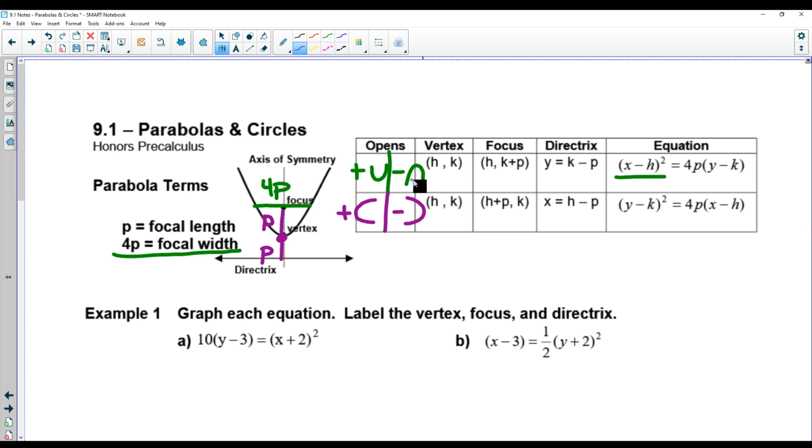X squared and everything negative opens down. Y squared and everything positive opens right. Y squared and negative opens to the left. Now we begin. We will take apart the equations.